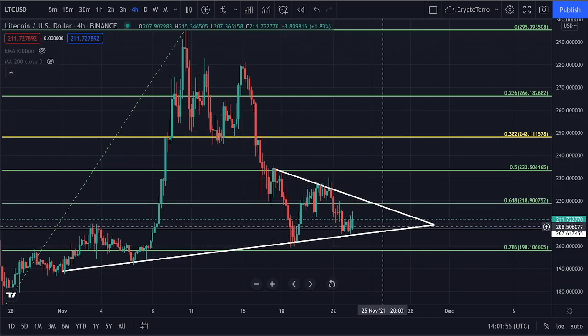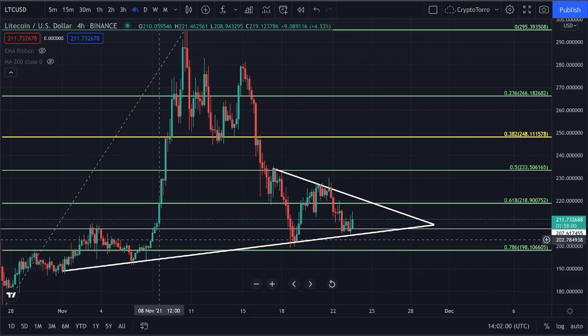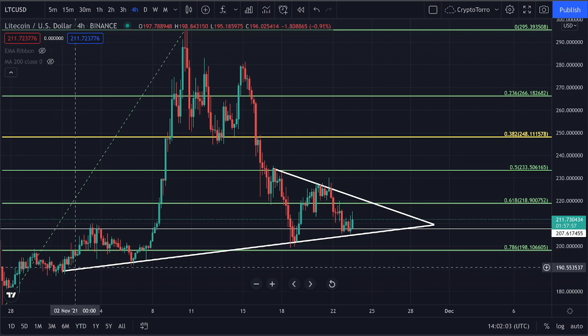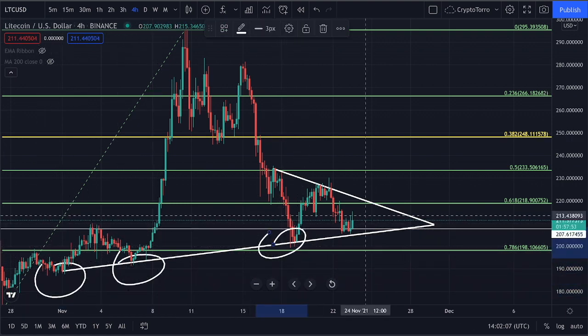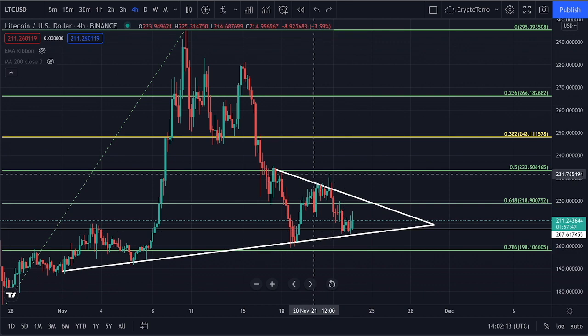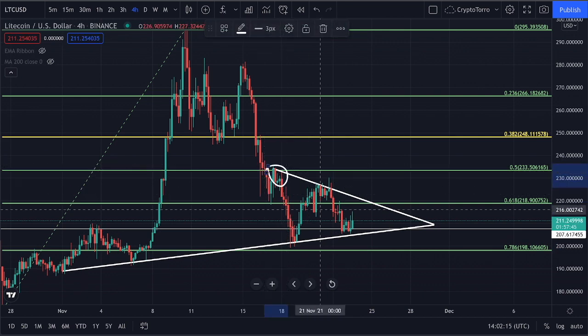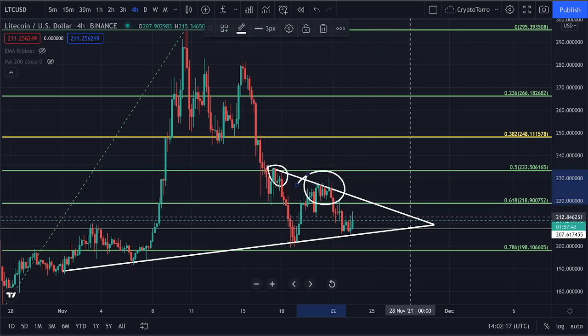So let's take a quick look at what we are currently seeing. For sure, it is very good that we held strong on top of this ascending support. We have seen multiple touch points on top of it, so this is actually very good. If we take a look at the immediate short term, you can clearly see that we have also seen a descending resistance getting created.